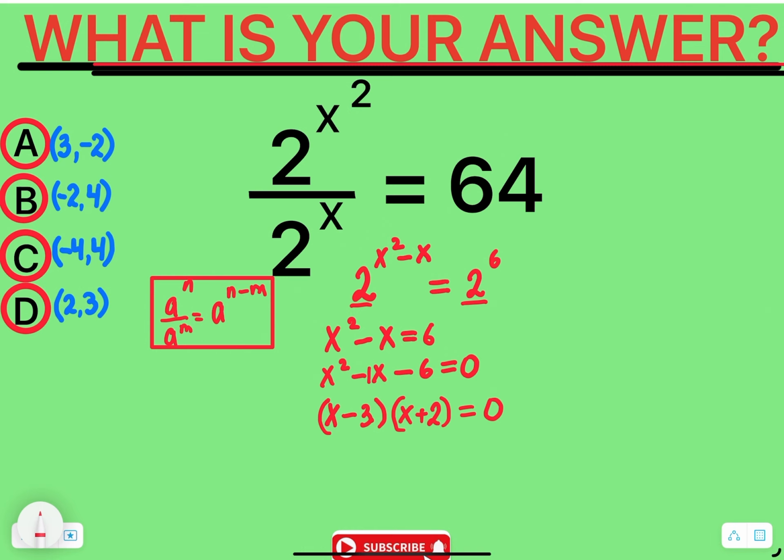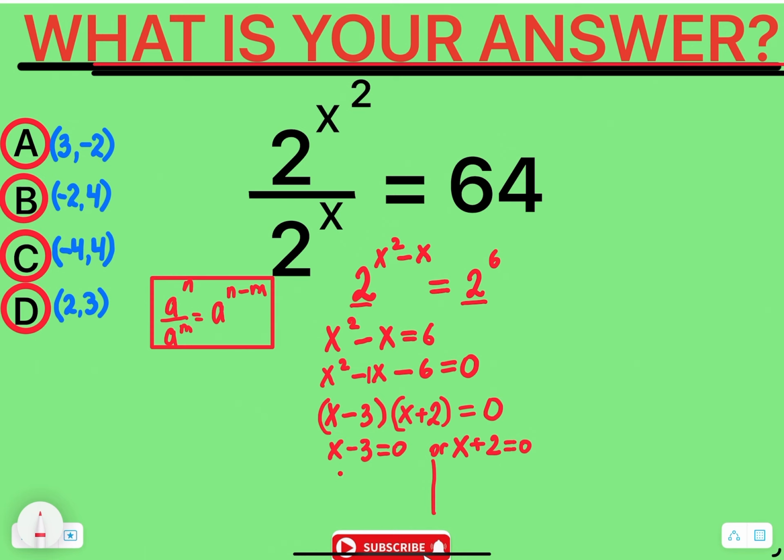Now if we have two terms multiplied together and the product equals 0, that means x minus 3 can be equal to 0, or x plus 2 can be equal to 0.